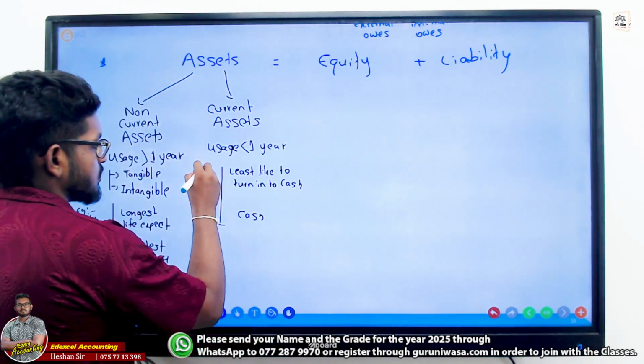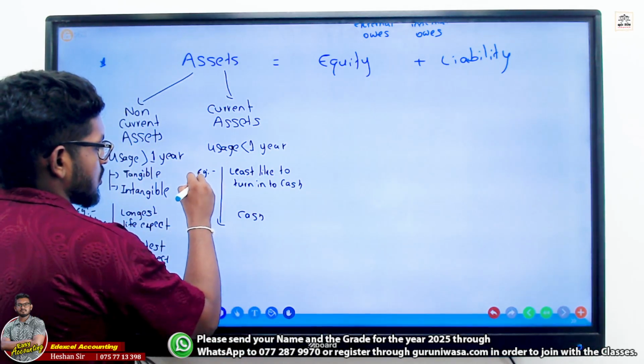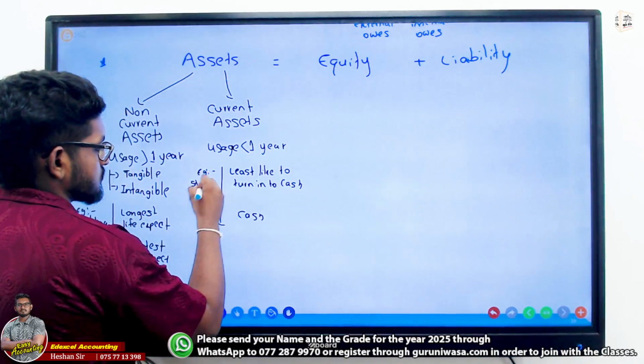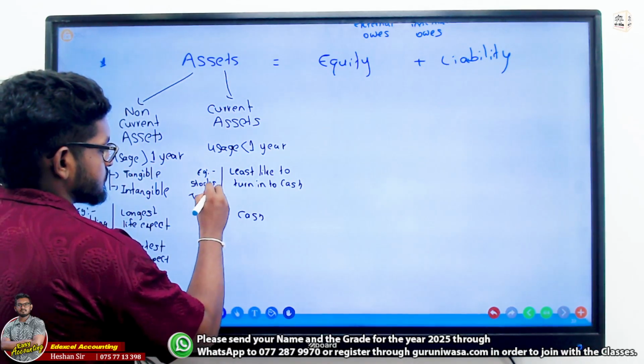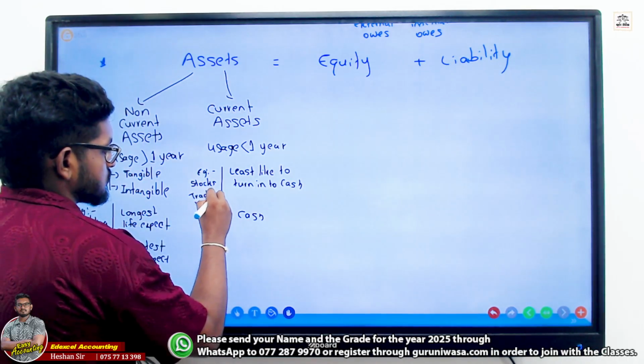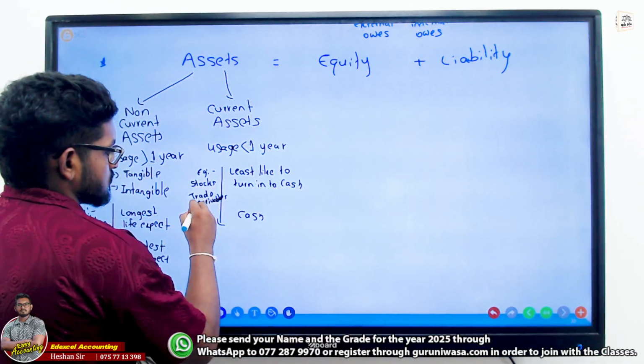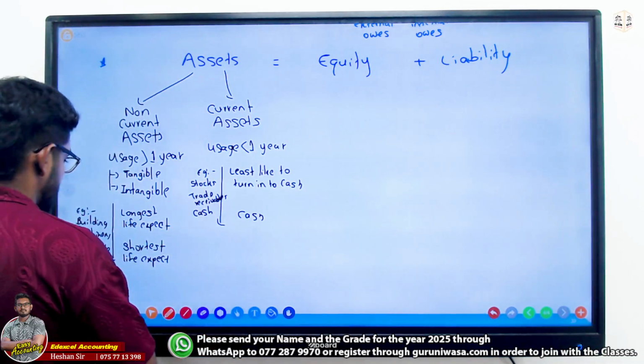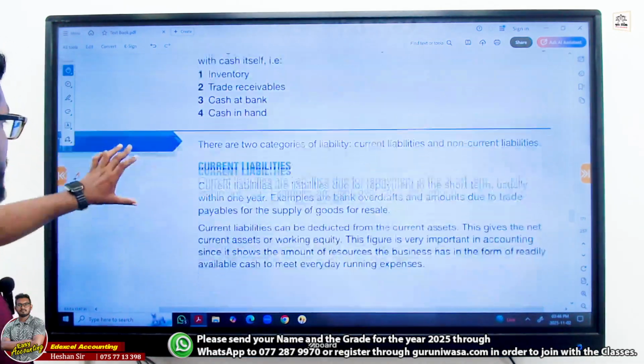For an example, you can write stocks, trade receivables, then the cash. These are the examples, right?